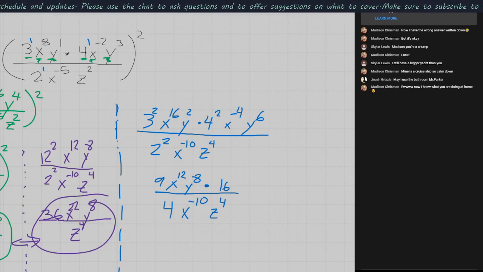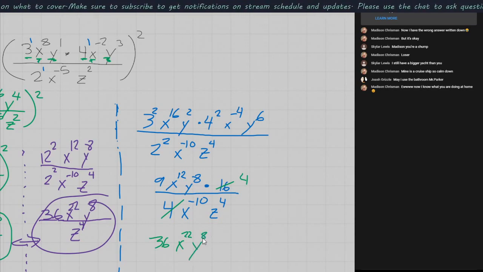So 16 divided by 4 is going to be 4. So it'd be 4 times 9, and 4 times 9 is going to be 36. X to the 12th minus negative 10 is going to be x to the 22nd. No y's to cancel out or subtract from the bottom or add to them, and then z to the 4th.